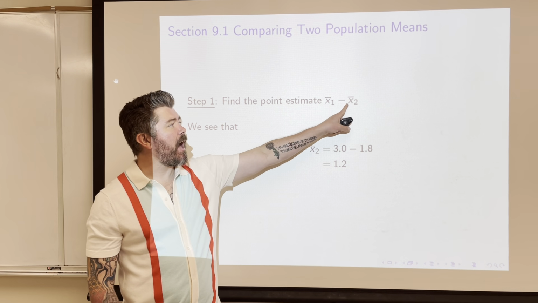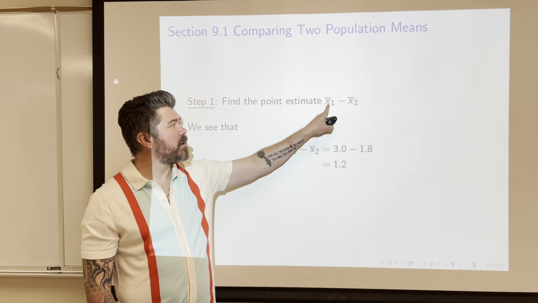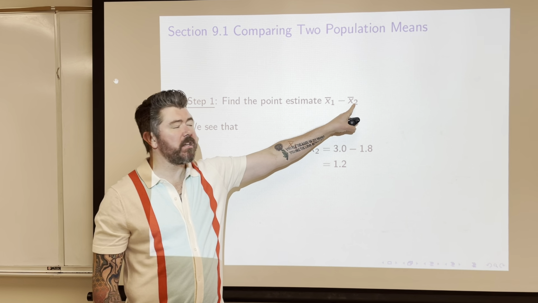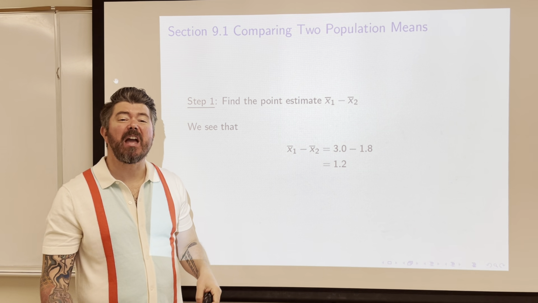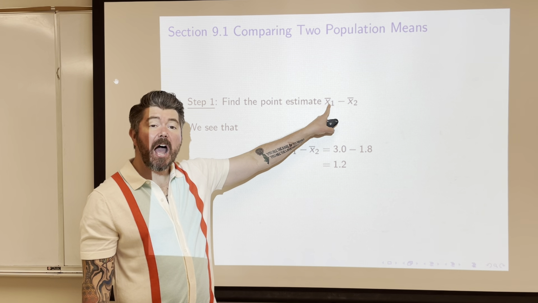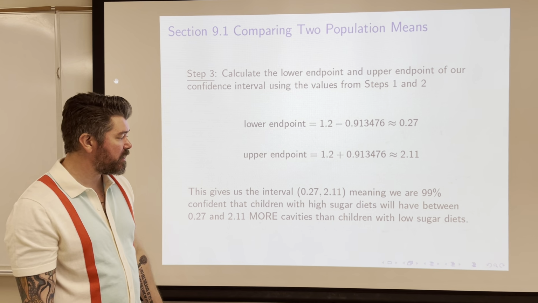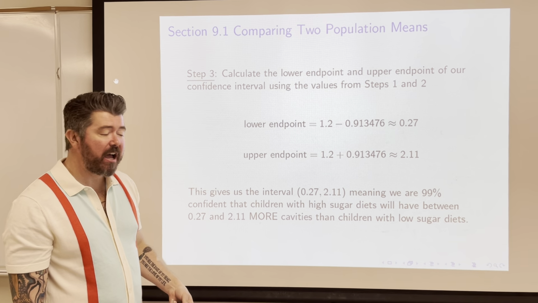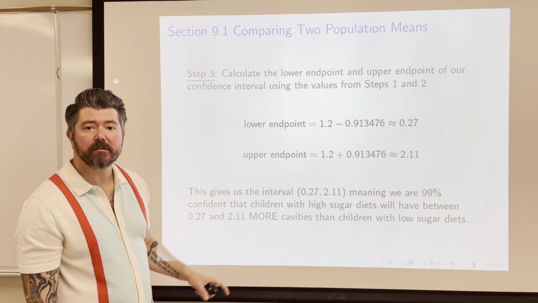Since we're looking at subtraction, the only way we get positive numbers is if this number is bigger than this number. These numbers are averages. They're representing the average number of cavities in children with high sugar diets and children with low sugar diets. So this tells us that the high sugar diet children will average more cavities, okay?